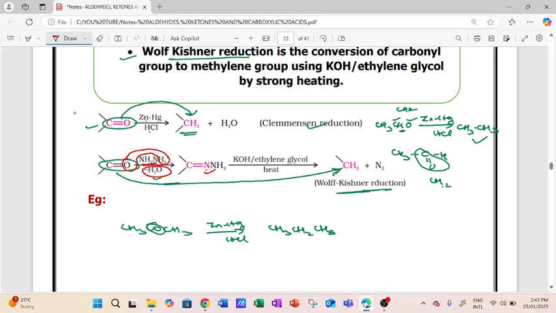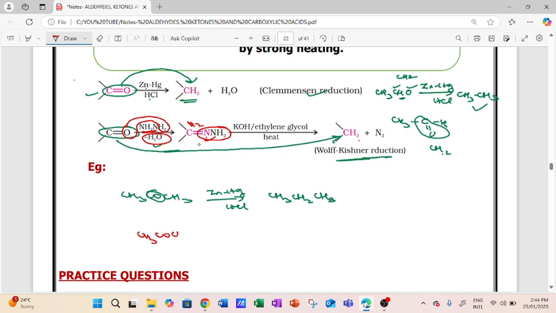After that you add KOH, ethylene glycol and strong heating. Then this part changes into H2, so CH2 is the product. Instead of writing the intermediate, if you write CH3COCH3, the ketone, with NH2NH2, which is hydrazine, and in the arrow mark itself we can write KOH, ethylene glycol, altogether, and then heating, this CO will change to CH2.